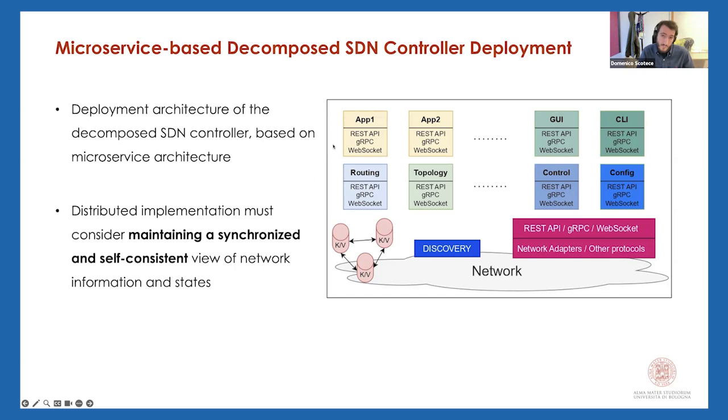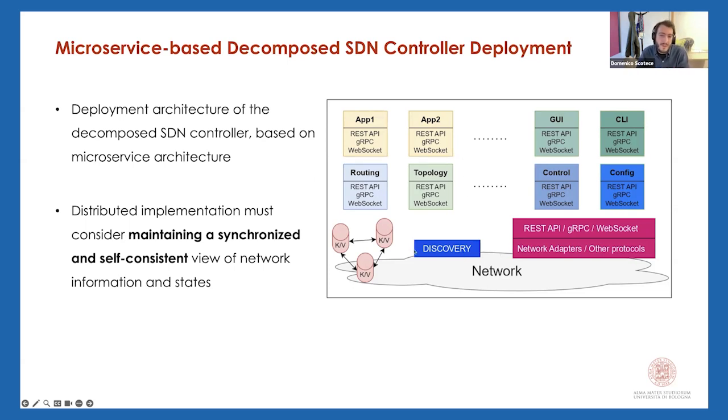Actually, we use REST because REST is a standard also for the 5G control plane, gRPC and WebSocket. But the important part is that there is a network adapter that you can leverage for connecting those applications to the network.